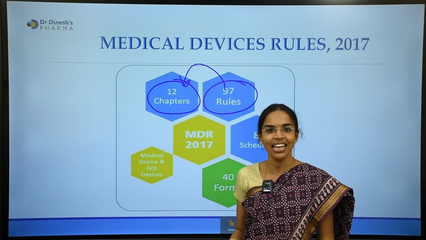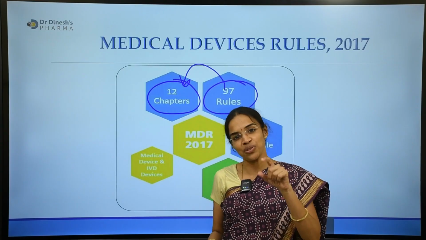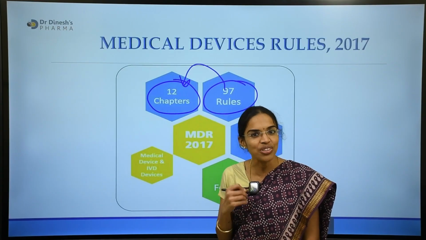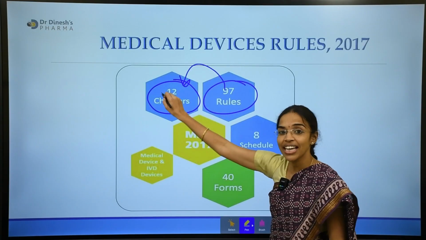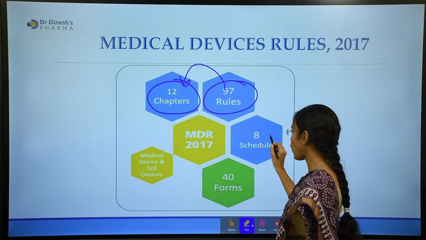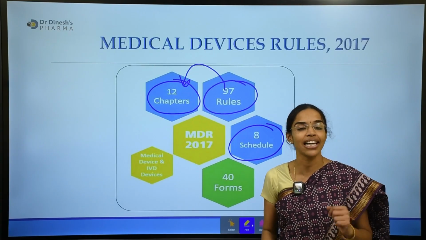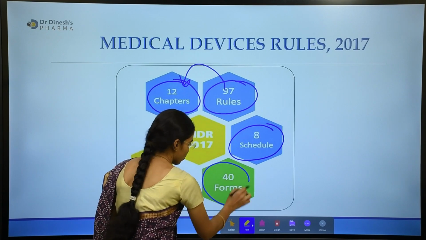We have a certain strategy for this. Please stay with us to know the further strategies and what is included. These 97 rules fit into 12 chapters, and apart from this it contains 8 schedules and 40 forms.